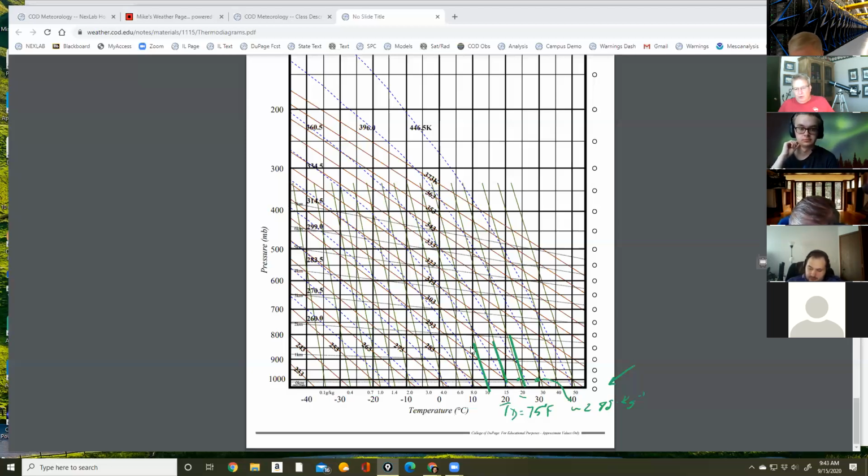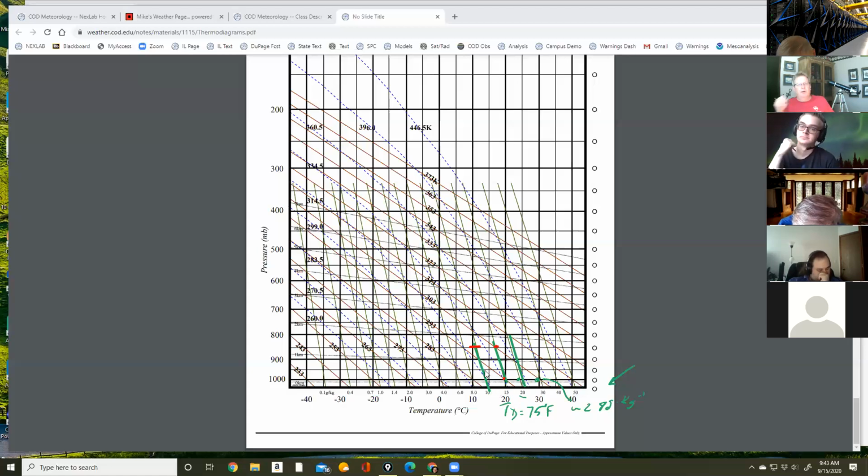If I said the dew point's 52, that's like being at 1,000 millibars and the dew point's 58. Or if I said the dew point's 61, that's like sitting at 1,000 millibars saying the dew point's 68. So notice, in high terrain, the mixing ratio may be much higher than you think because the dew point drops with a drop in pressure.